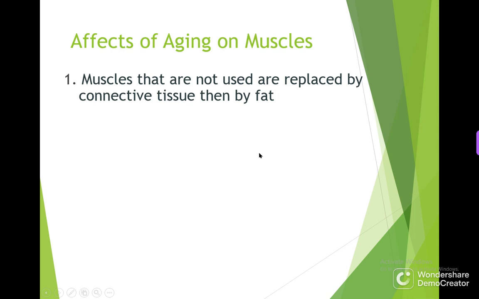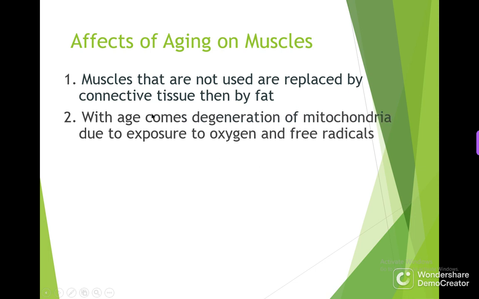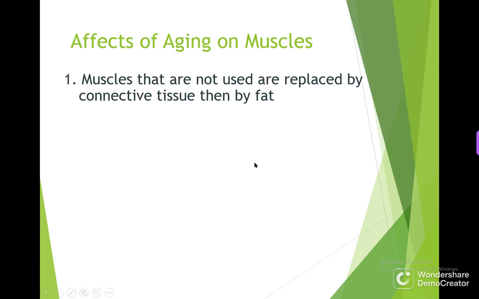Definitely a dystrophic degeneration occurs, and it may be calcified in some places. With age comes degeneration of the mitochondria due to exposure to oxygen and free radicals.